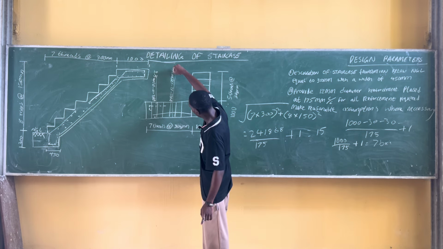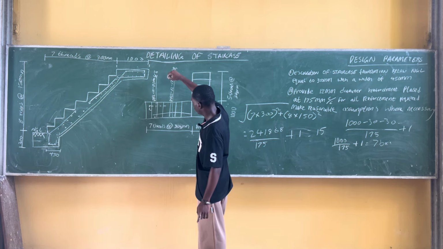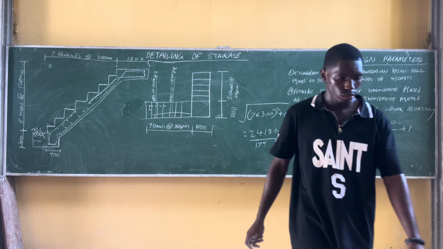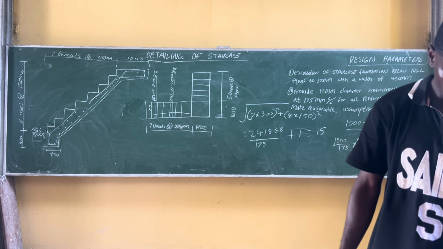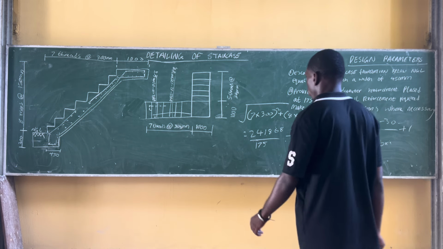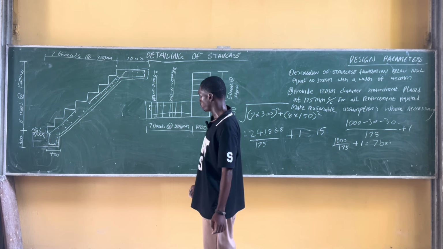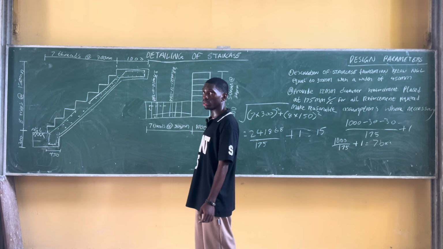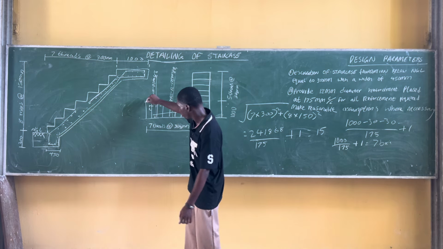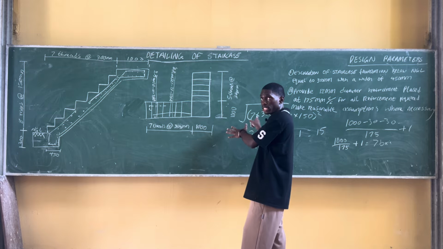mm C to C. This will be our B1. Now for our B2, yes, because it's spanning from this part to this part, which is that 1000. 1000 divided by the spacing plus 1.